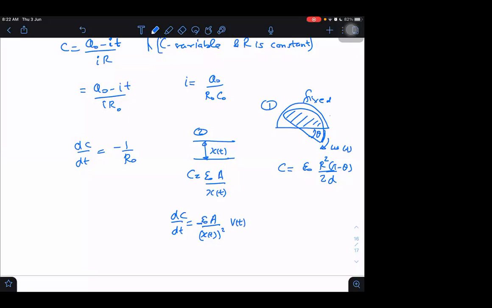Okay. What about this dC by dt here? dC by dt here is epsilon naught into R square on 2D into: the first term is constant, pi, its derivative will be 0.